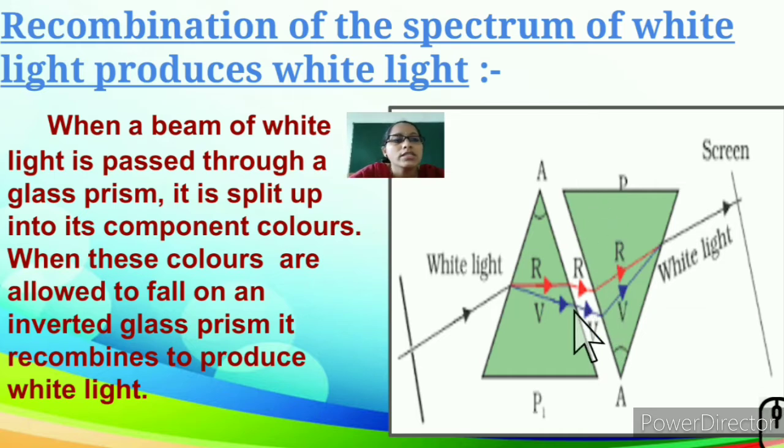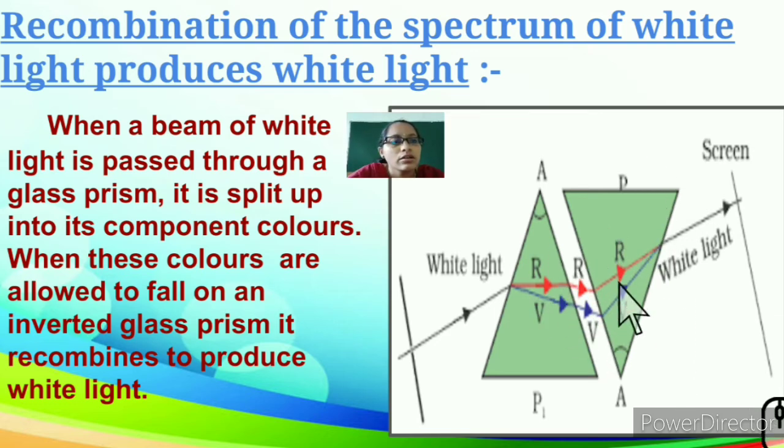But once it enters into the inverted prism, it again recombines together and comes out as white light. So here we can say when a beam of white light is passed through a glass prism, it splits into component colors, VIBGYOR, and when it falls on an inverted prism, not the normal prism, it recombines.